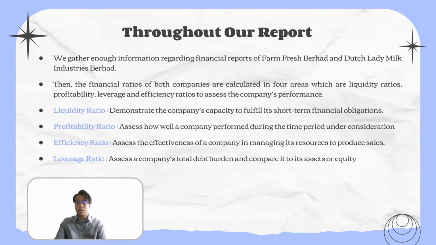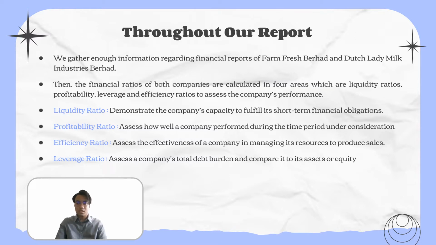Next, the profitability ratios assess how well a company performed during the time period under consideration. The ratios are particularly important to external users since they want to assess the business's return on investment. The third one, the efficiency ratio, assesses how effectively a company manages its resources to produce sales.